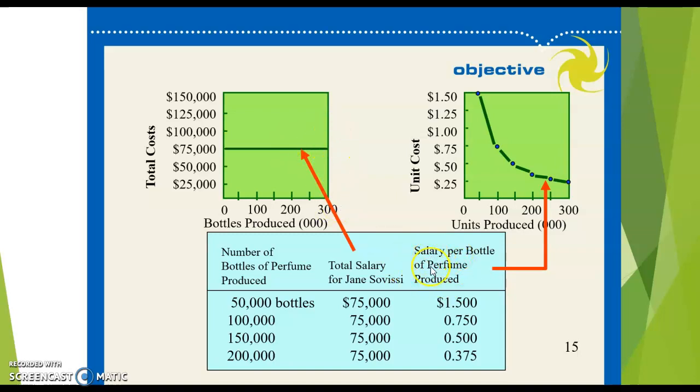Whereas if we were to divide it per bottle, then the lower the number of bottles we make, the more of her salary has to be covered in that bottle. And it goes down the more bottles we make, as each bottle only has to cover so much of her salary. And so this is typical of fixed cost. The total is flat, but the per unit goes down the more we make.